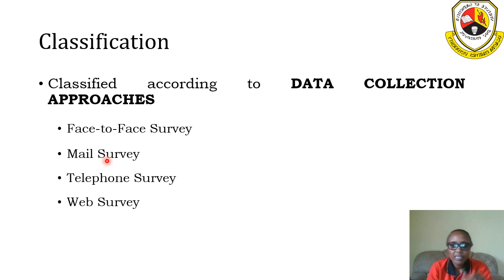The other is telephone, where you may call someone and administer, or a web survey. With web surveys, you have systems like, for example, SurveyMonkey, and I think there are many others which help you formulate a questionnaire and send it to several people. They respond, and it collects all your data and can help you also do analysis if you so wish.